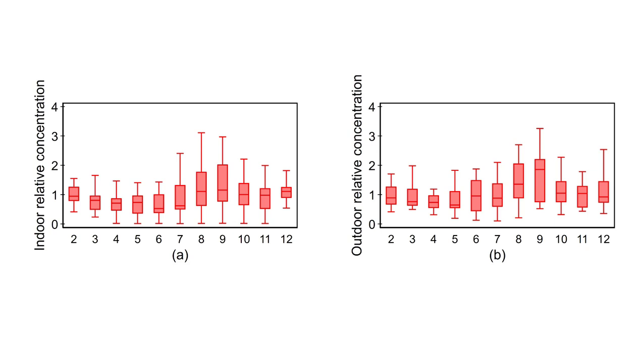So the first thing I want to show you is just what the overall concentrations looked like across our homes. This is the concentration first on the left relative to the month of January. And we did that normalization for reasons that will become clear in a second. And you can see in most Toronto homes, there's a lot of variation across our sites, but in general, we seem to see somewhat of a peak in the late summer, early fall.